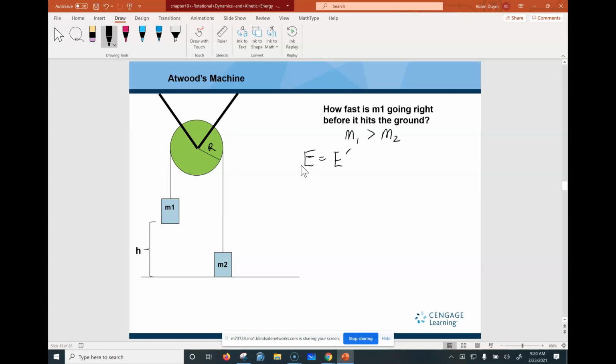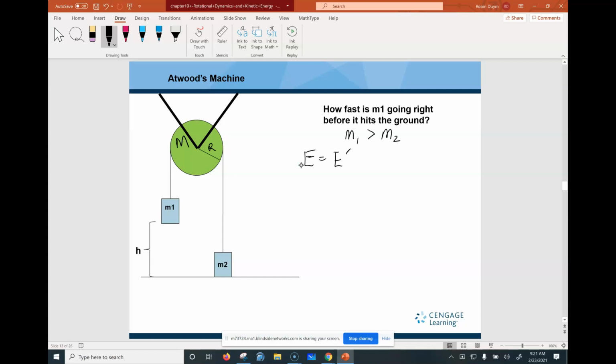The difference is this pulley has a mass. We've always said a massless pulley, and we've always been able to say that the tensions were equal.